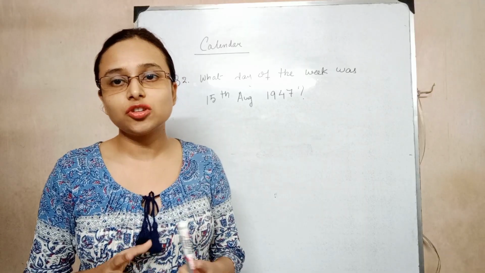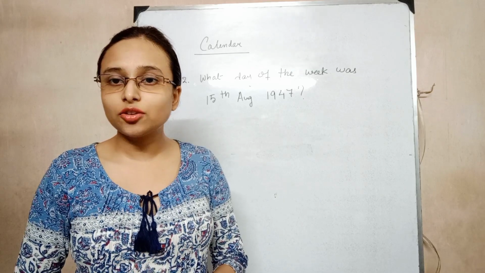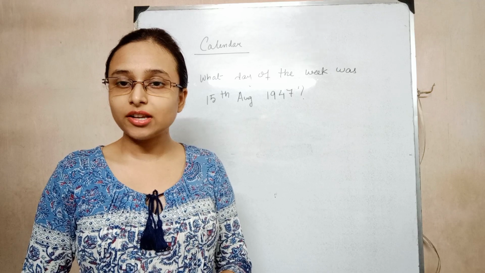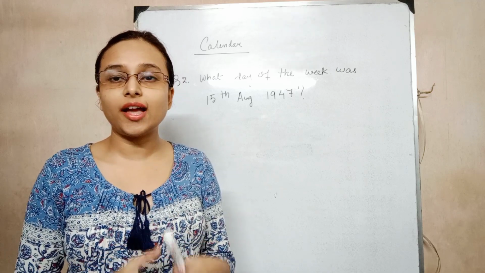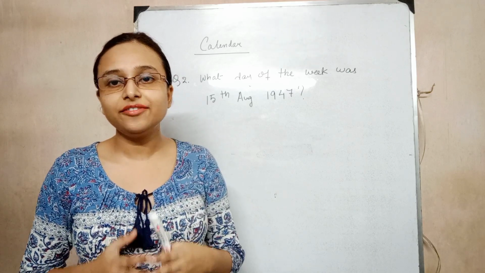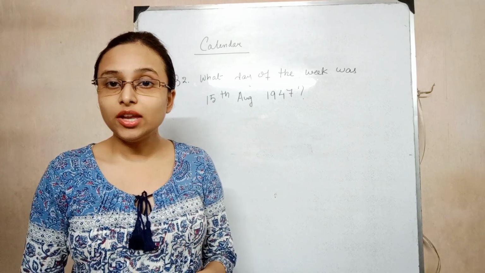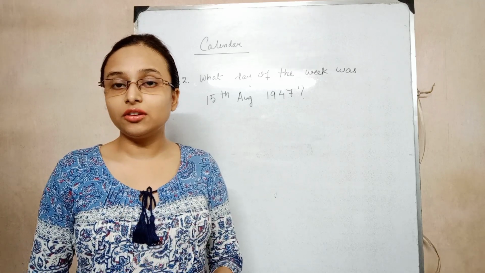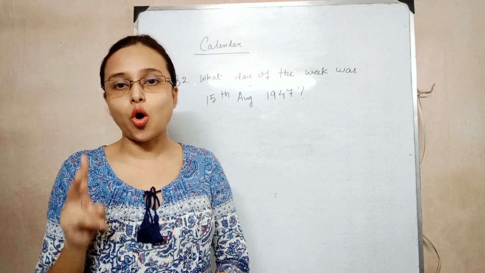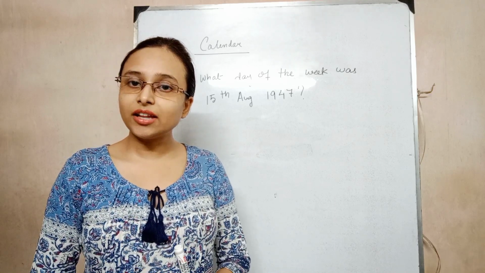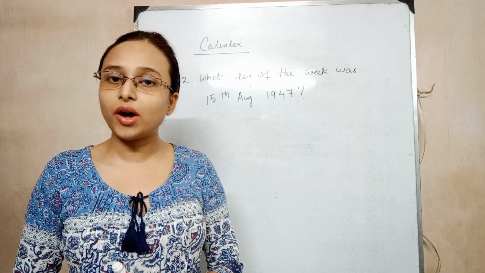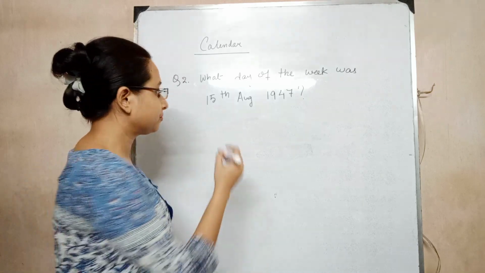Now coming to section 3. The calculation which I am going to do right now is for 46 years, counted from 1901 to 1946. We know that an ordinary year has 1 odd day and a leap year has 2 odd days. Let's first calculate the total number of leap years from 1901 to 1946.